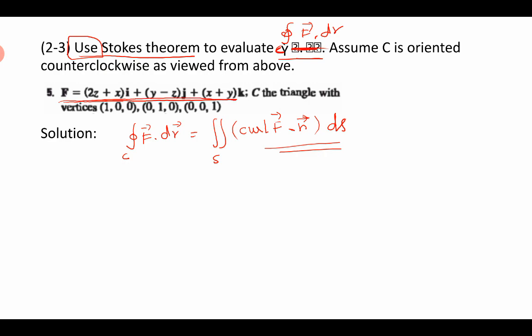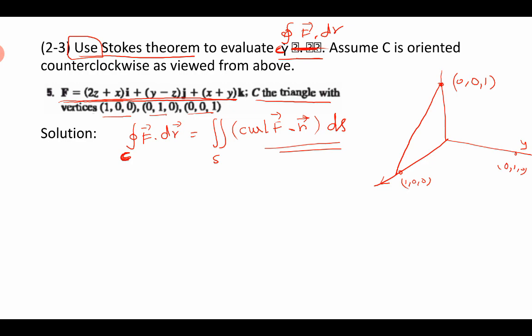and for the given surface, the outward unit normal vector. What is the surface? How do you find the surface? It's a triangle. See, this curve C is a triangle with vertices 1 0 0, 0 1 0, 0 0 1. Assume that this is 1 0 0 on x, this is 0 1 0 for y, and on the z axis 0 0 1.